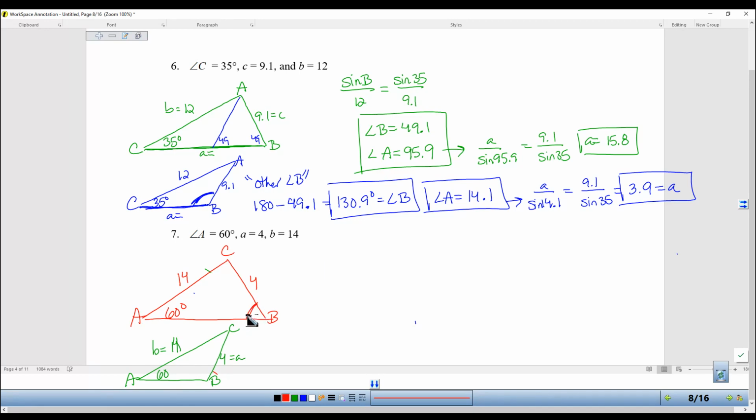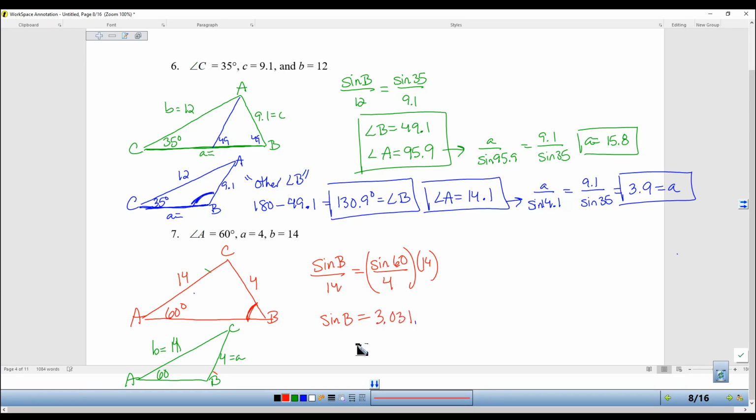So I go to do the math. I need sine of B is to 14 as sine of 60 is to 4. When I go to do that, I multiply both sides by 14, and I get sine of B is equal to sine of 60 times 14 divided by 4, which is 3.031.